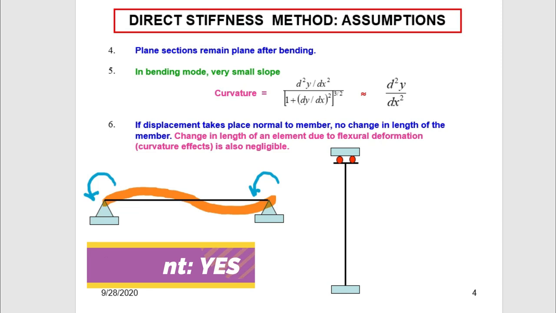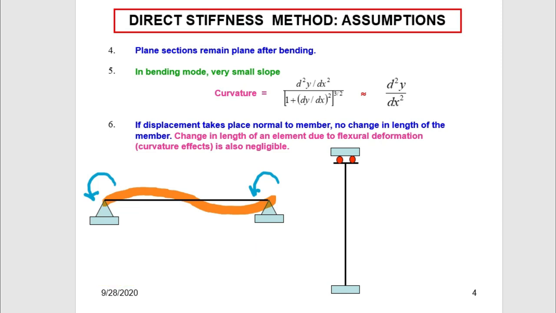Strictly speaking, if the two ends are fixed and we are forcing a moment, because of the curvature effects, the lengths have to be different. But our assumption is that we are ignoring that, if there is any moment effect, then there is no axial force generated. Otherwise, axial force will be generated. Similarly, if displacement takes place normal to the member, then also we assume there is no change in length of the member.